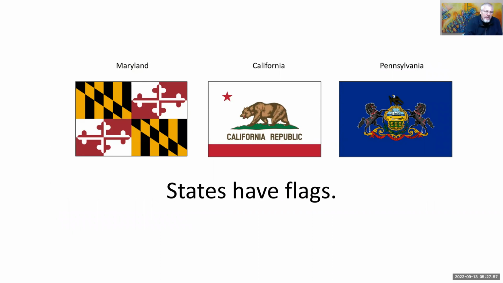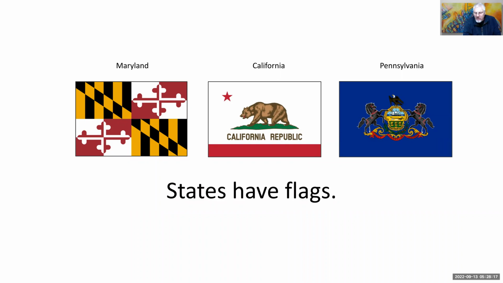Maryland has a flag. All that stuff on there stands for the Calverts and others who helped settle this area. California has a bear on there. That's the symbol for California in some way, shape, or form. And there's Pennsylvania.